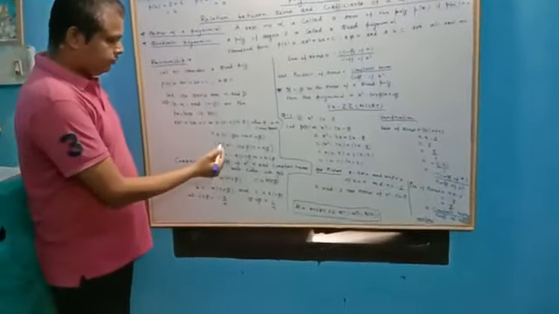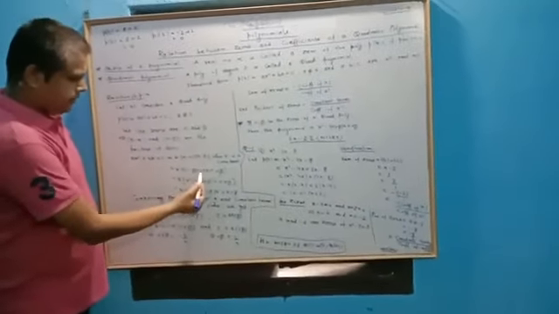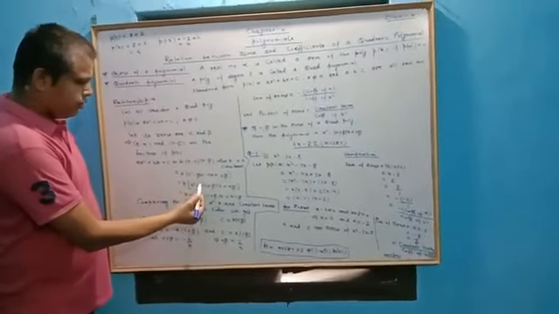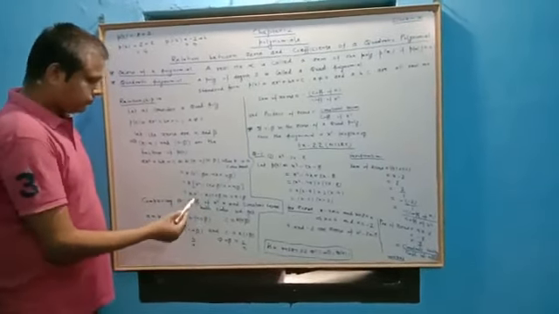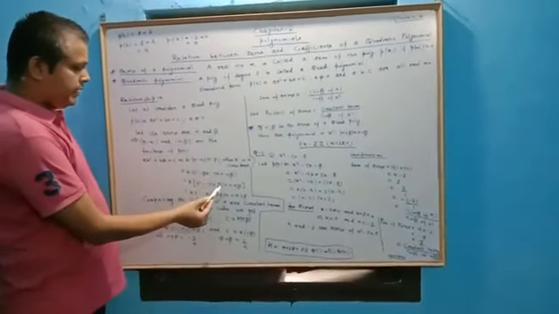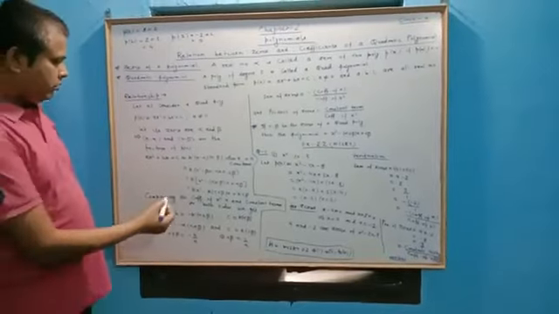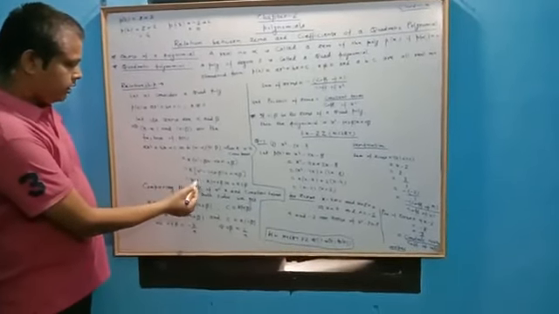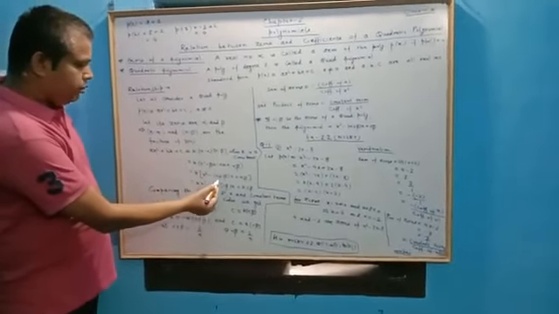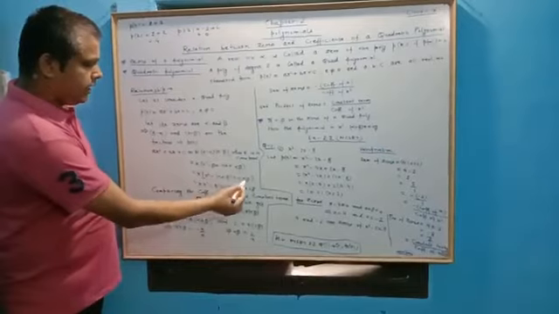Again here we see that in this part minus is common and also x is common. Then we can write here alpha plus beta into x. Now we multiply with k, then k x square minus k into alpha plus beta x plus k alpha beta.